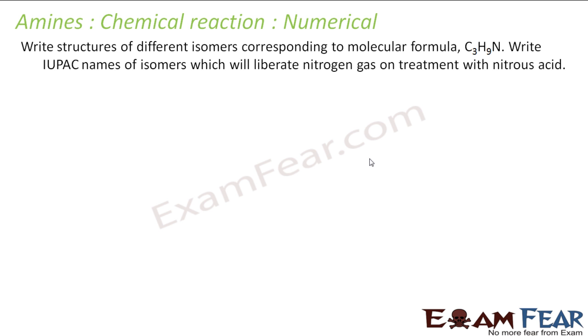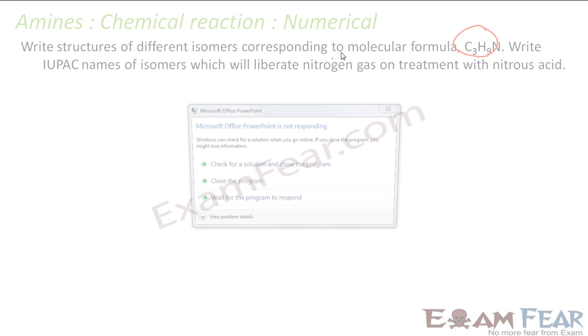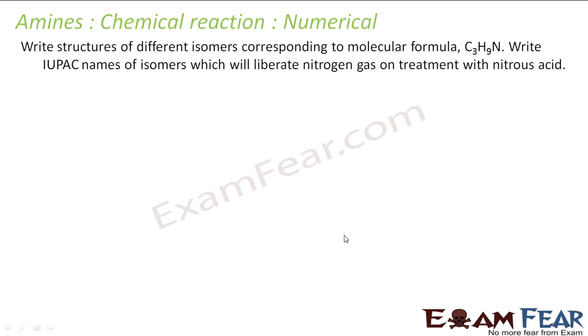See, we have to write the isomers of C3H9N. And we have to tell which of these will liberate nitrogen gas on treatment with nitrous acid. Let's take one numerical.